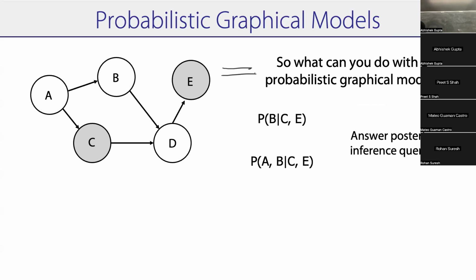Given some evidence of things that you've observed, here's an example: given that you've seen that the ground is white, what is the likelihood that it's green, right? It allows you to ask queries about the likelihood of random variables given evidence, right? And so these are your posterior inference queries because you're trying to establish this posterior.